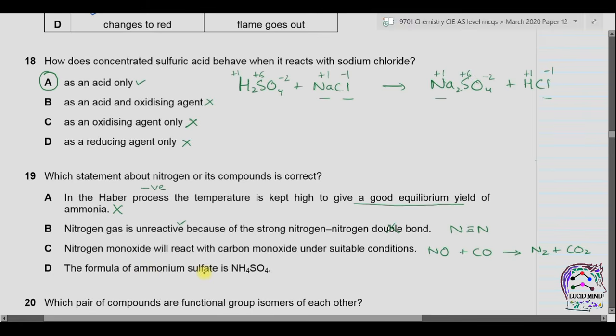D. The formula of ammonium sulfate is NH4SO4. As we know that the charge on the ammonium ion is +1 and on sulfate is -2, the formula should be (NH4)2SO4. So D is wrong. So the correct answer is C.